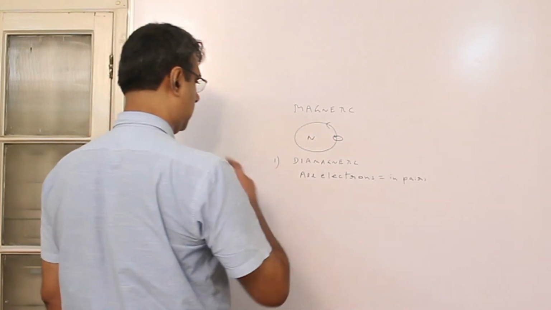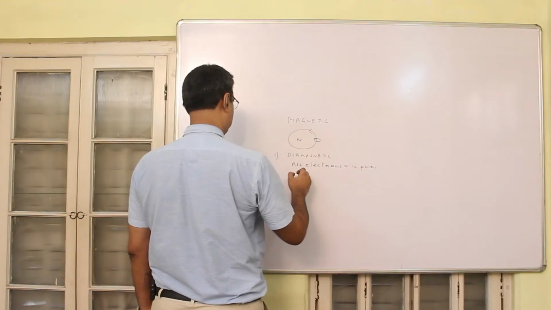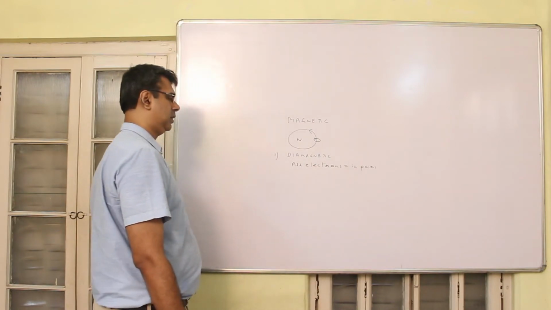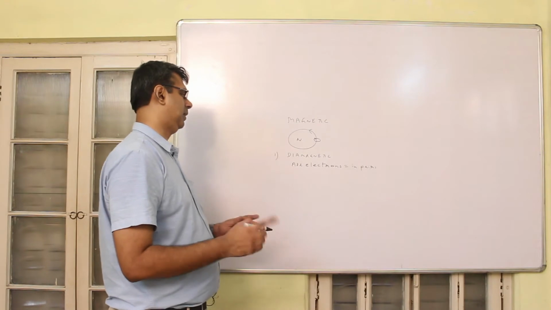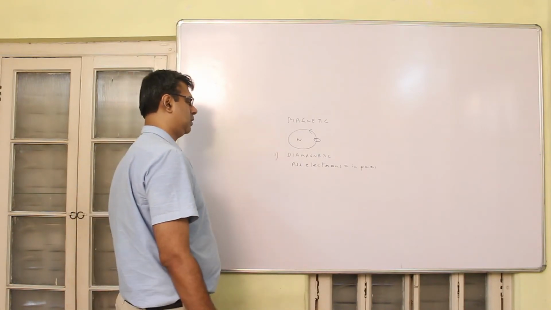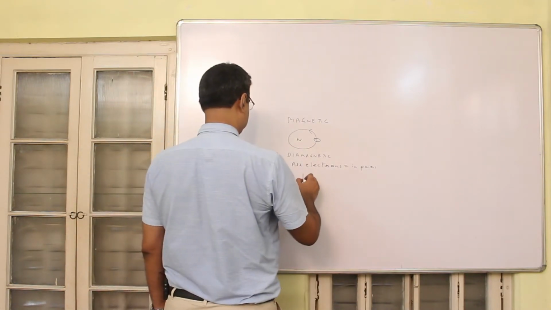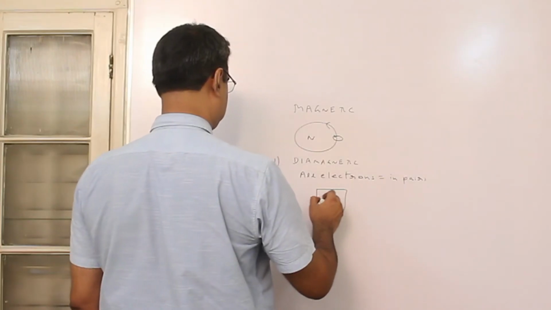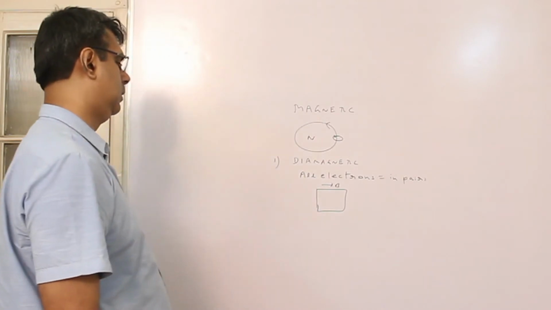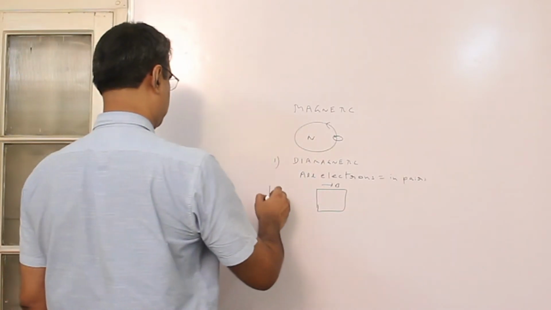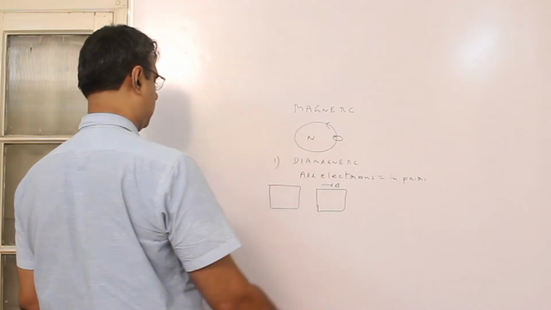Because all the electrons are in pairs, they don't have any net magnetism, because for every pair of electrons, the magnetism cancels out. So there is no net magnetism. Say this is a diamagnetic substance, and initially you can see that it is completely non-magnetic.